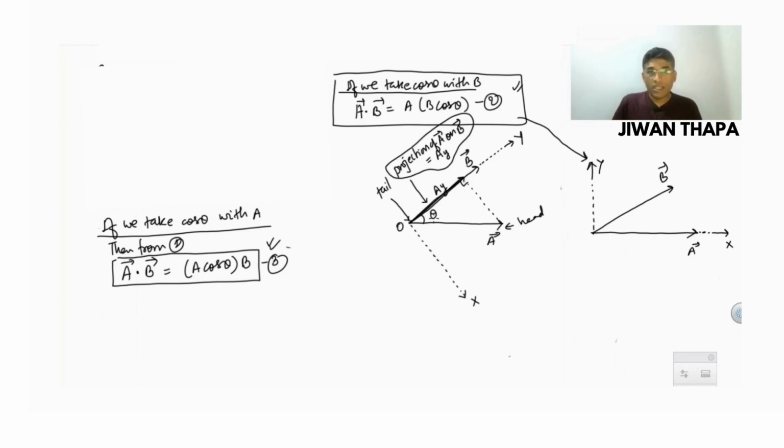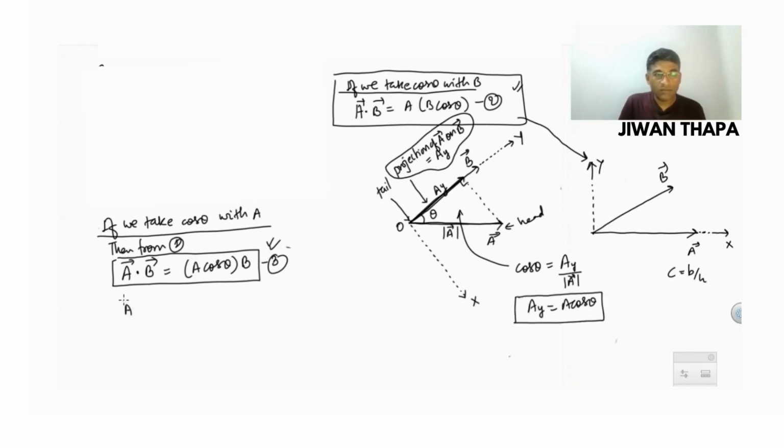So we have this, and let us find cos theta in this triangle. So cos theta equals, and we know cos is base by hypotenuse, and the base is AY and the hypotenuse is this length, so it is the magnitude of vector A. Therefore, we can write AY equals A cos theta. So this is to be noted. Therefore, we can write vector A dot vector B equals, so what is this?